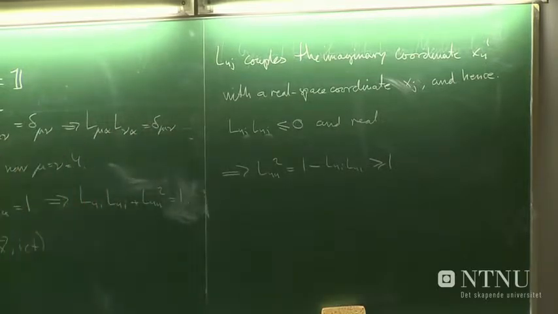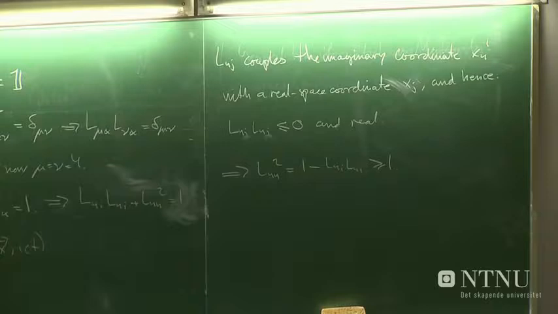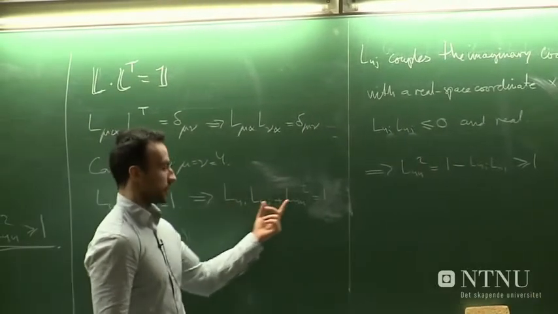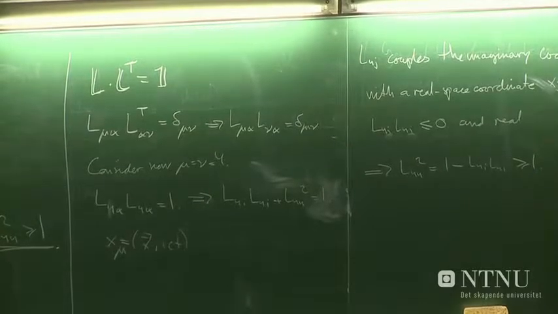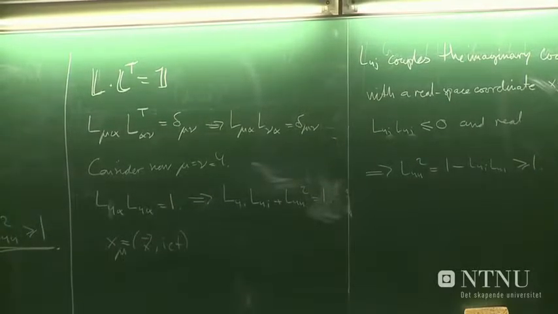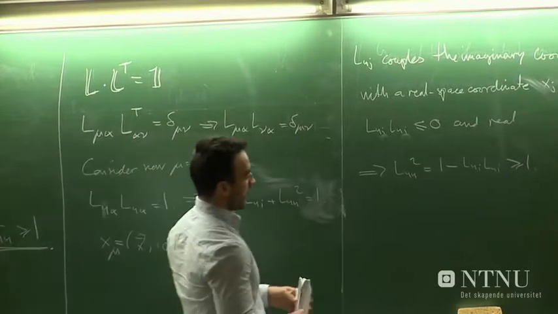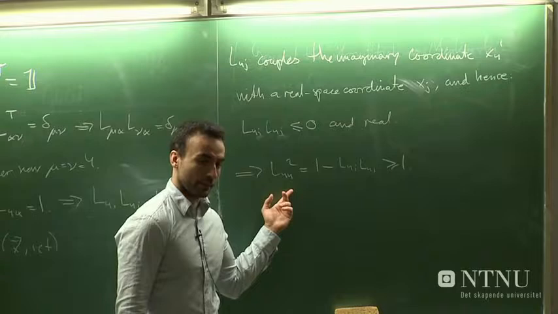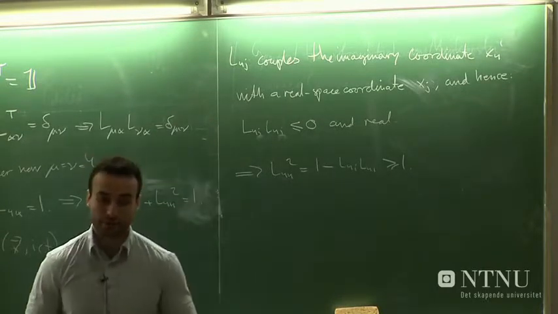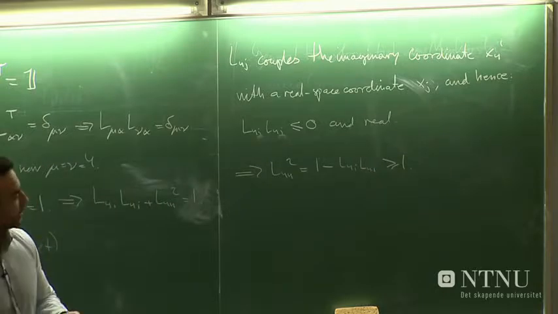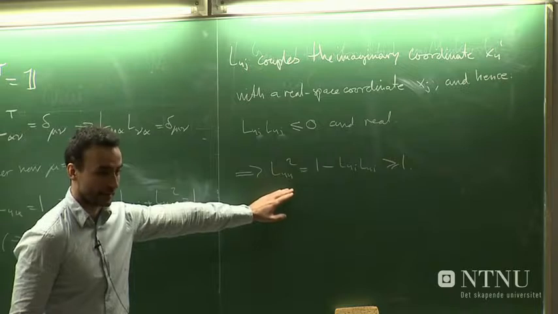And as a result, L44 squared has to be larger than or equal to 1, simply by moving this term over here. Now, since the L44 squared element has to be larger than or equal to 1, we have 2 possibilities for L44 itself, because this equation can be satisfied both for a positive and negative L44.